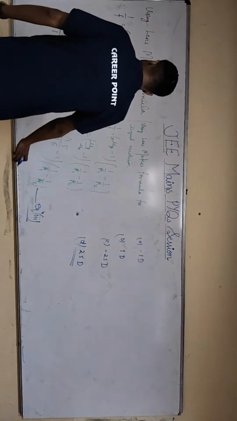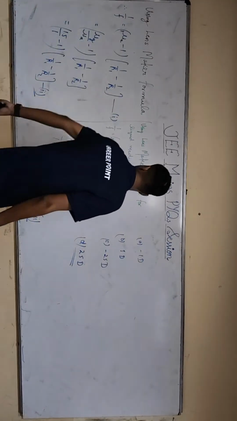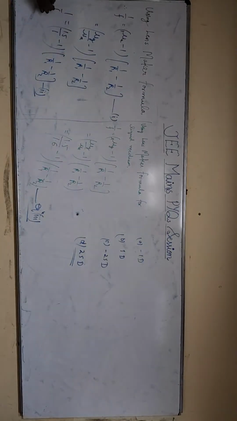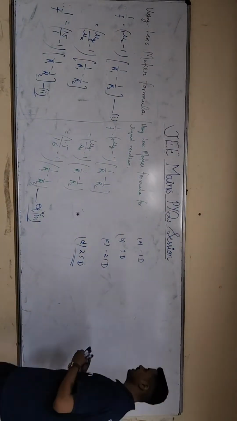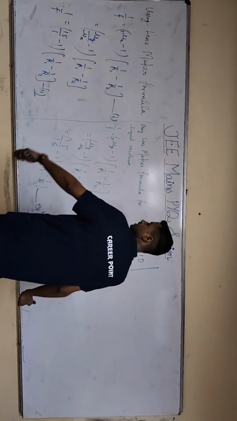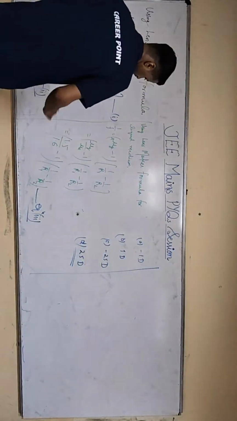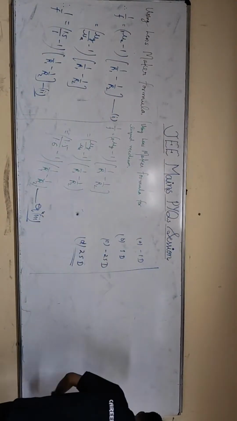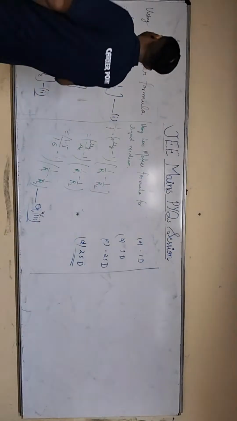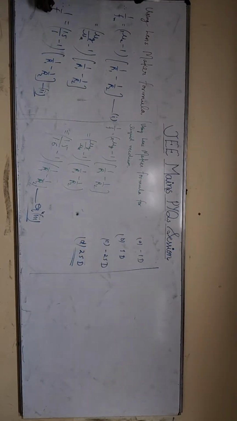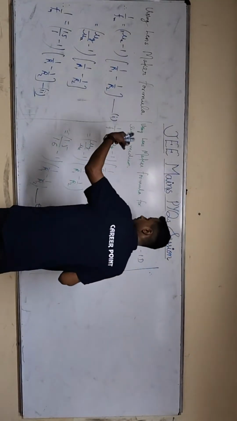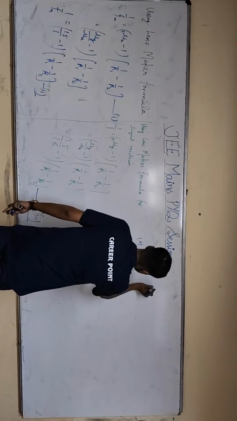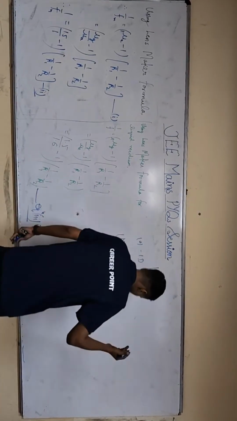So now we have to divide equation 3 with equation number 1, with medium air, and we can get 1 upon f. Now divide equation number 2 with 3.